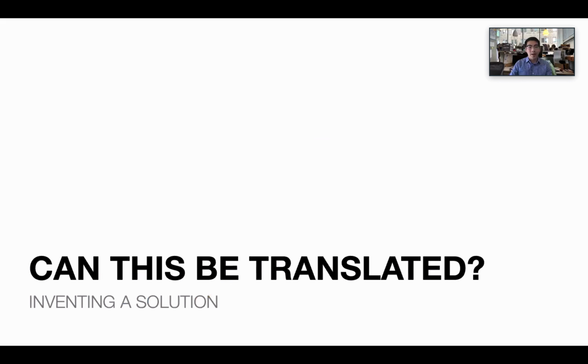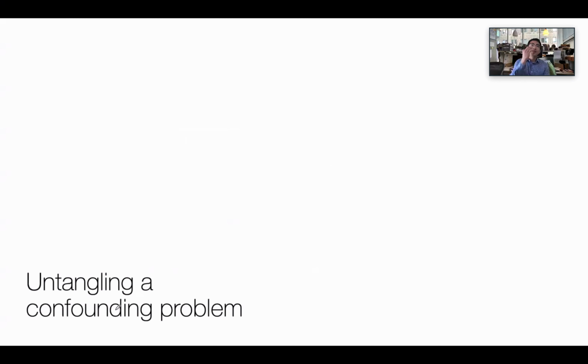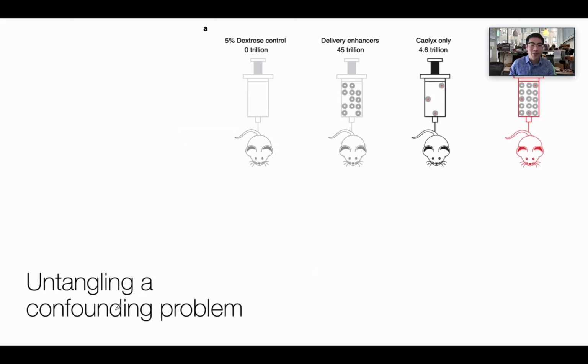We've done a lot of delivery efficiency work, measuring how nanoparticles can get into tumors, and we developed the principle. The next step was to ask, can this be translated? Can we invent a solution that improves the treatment of cancers? This was a tricky experiment to do at the beginning.